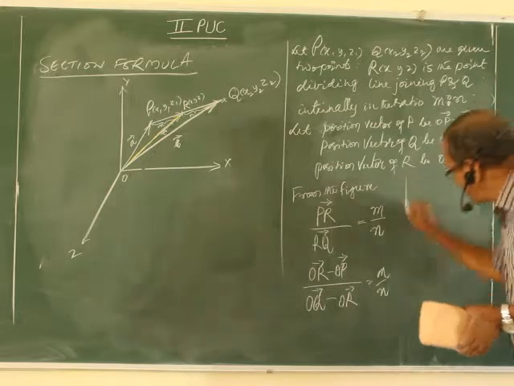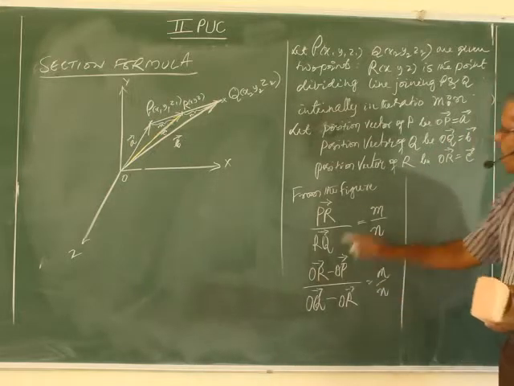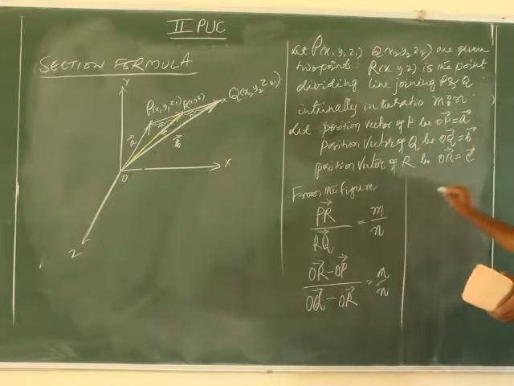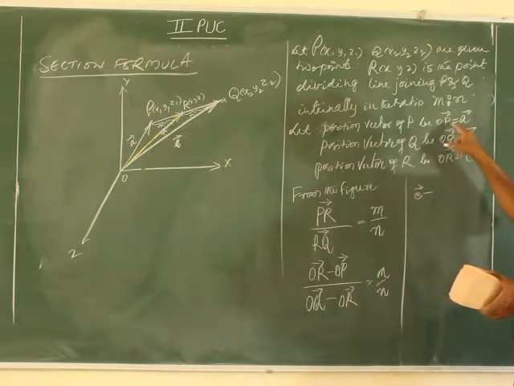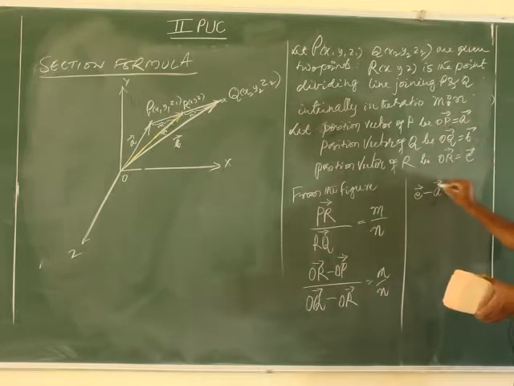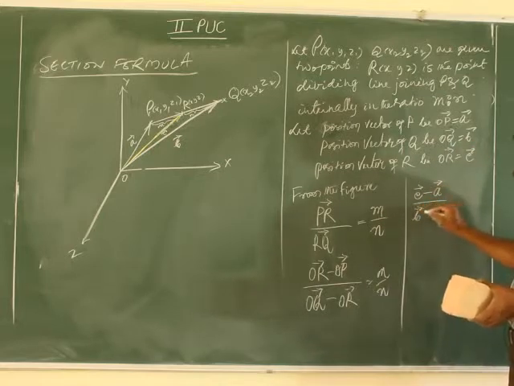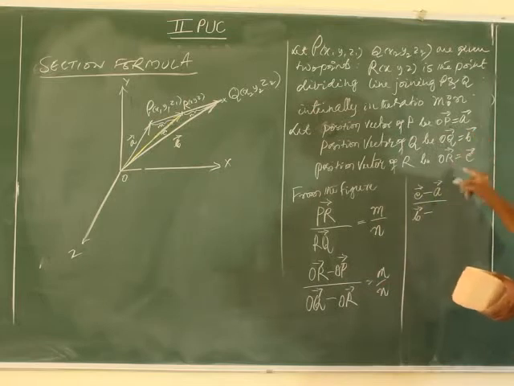OR is the vector C, minus OP is vector A, divided by OQ is B minus OR, once again C, equals m by n.